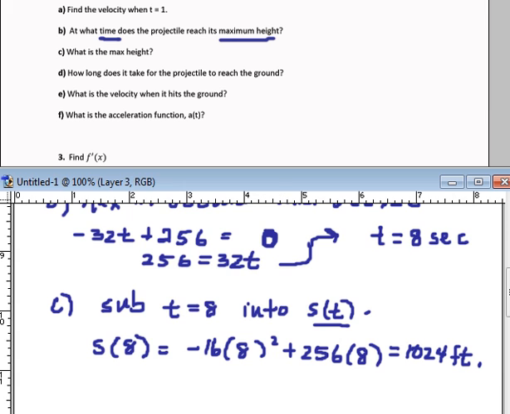All right, D, how long does it take for the projectile to reach the ground? All right, so the projectile reaches the ground when the distance is 0. So we're going to solve s of t equal to 0.